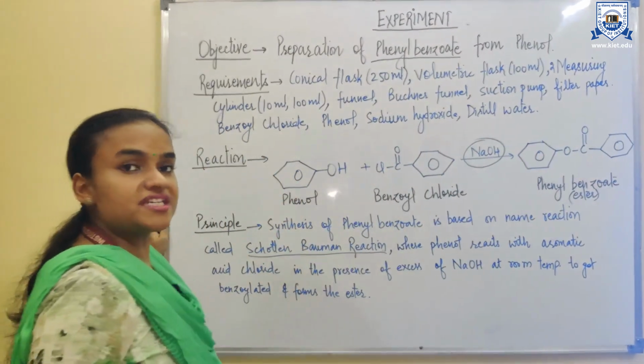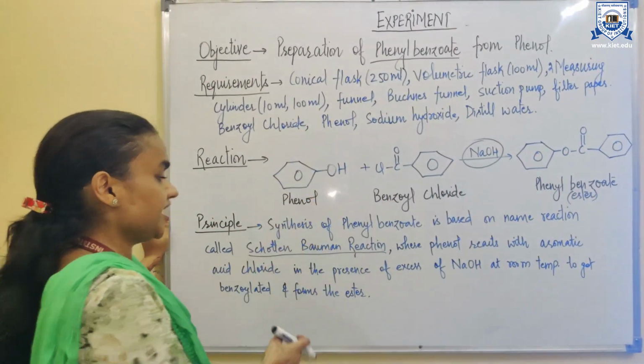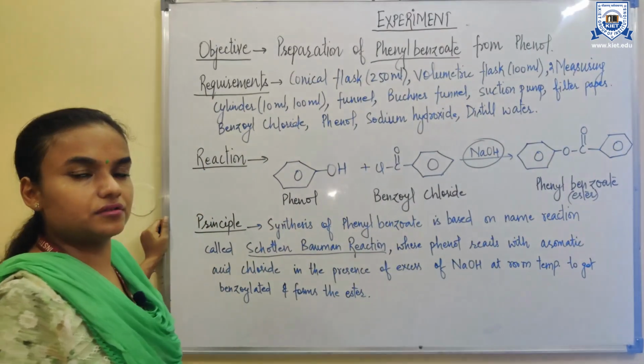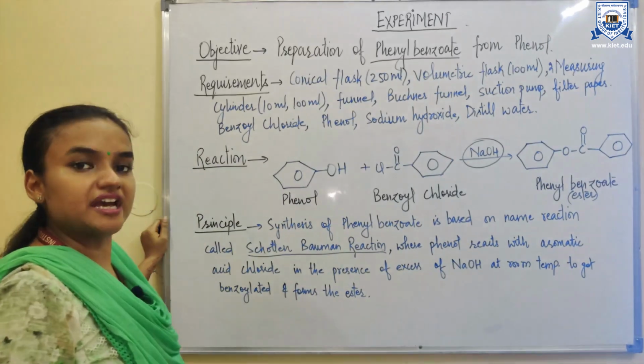This reaction takes place at room temperature and the phenol gets benzoylated to form the ester, known as phenyl benzoate. Now let's see the basic steps of the procedure to synthesize phenyl benzoate.